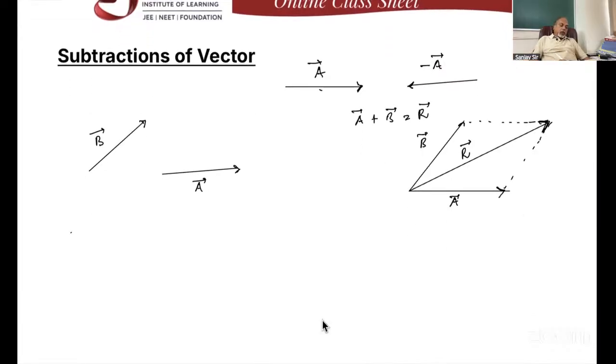But subtraction of vectors means A minus B. Then what do you have to do? You have to first make minus B. What is this?